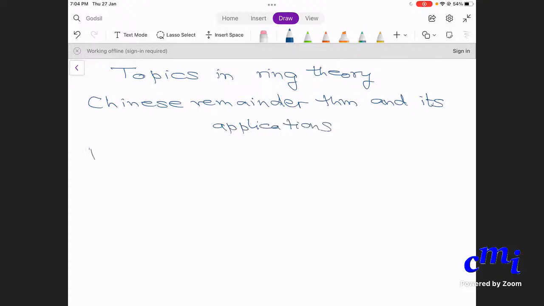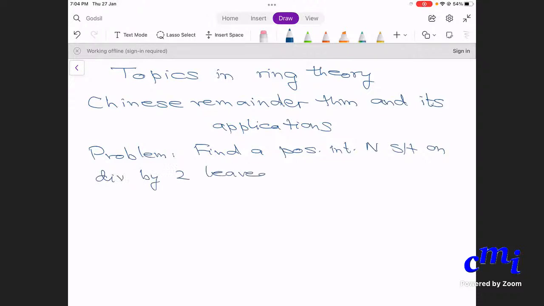So the first problem that we want to deal with is an easy problem. Find a positive integer n such that on division by 2 leaves a remainder of 1. On division by 3 leaves a remainder of 2.